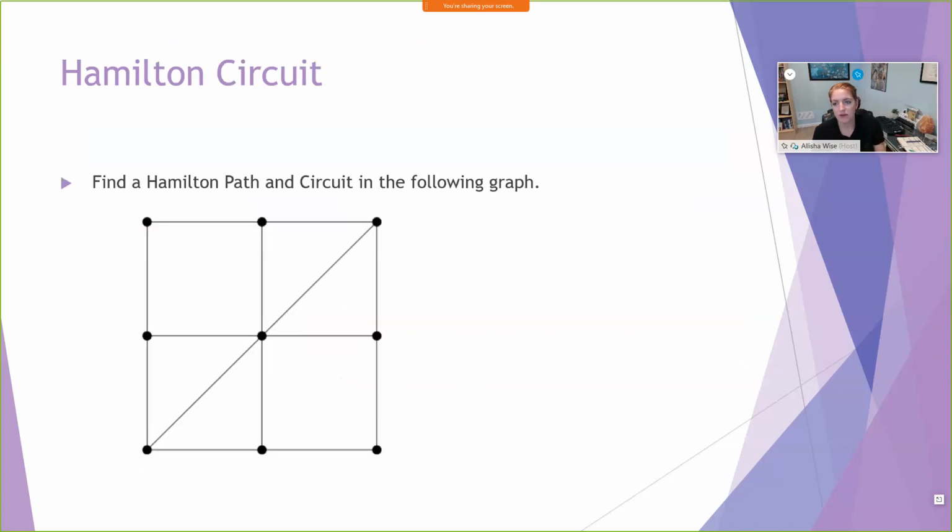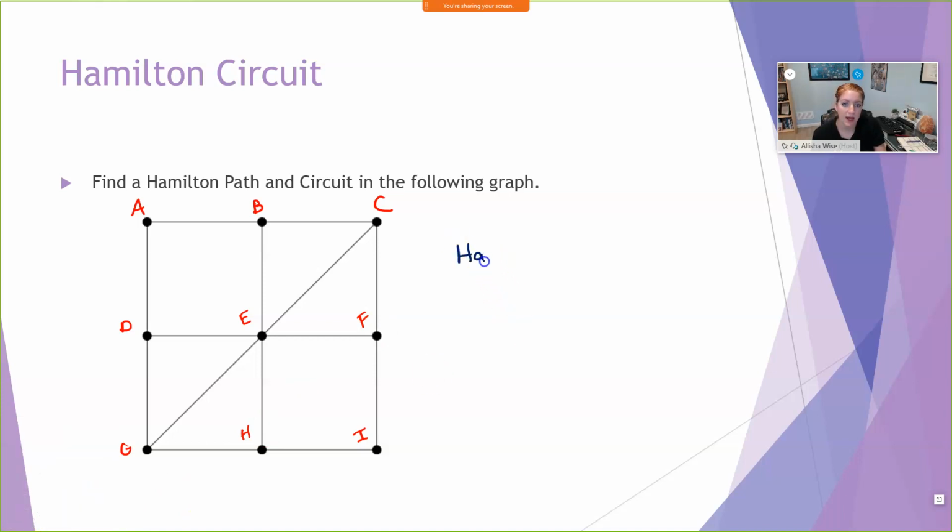So here is my first example. I'm going to go ahead and label these real quick, randomly assigning them F, G, H, I. Okay. So we want to give a Hamilton path and a Hamilton circuit.